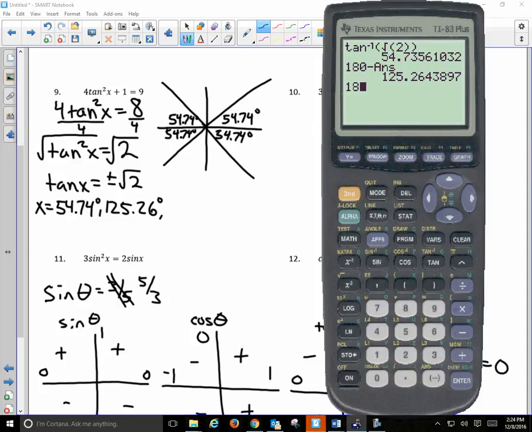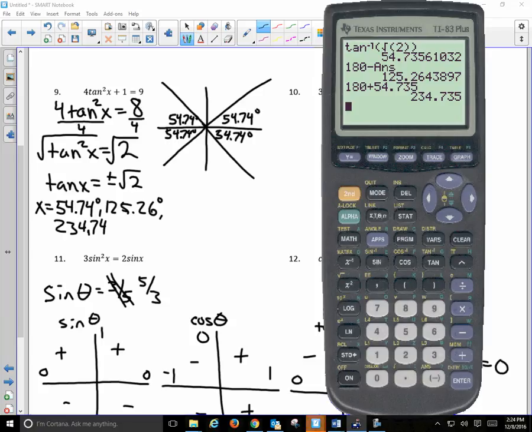If I take 180 plus 54.735, I get 234.74 degrees.